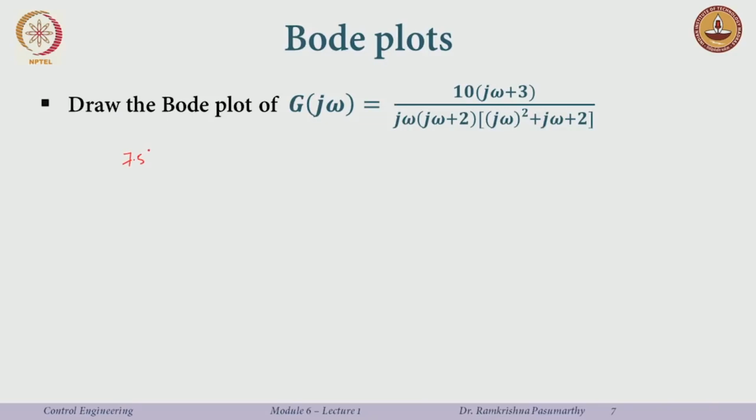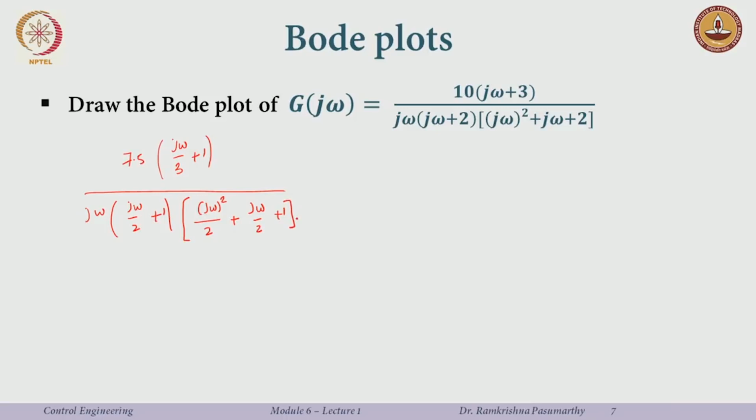So, that will look like 7.5, I have j omega over 3 plus 1 over j omega, and then I have j omega by 2 plus 1, and then the quadratic term should look like this. j omega square by 2, j omega by 2 plus 1.